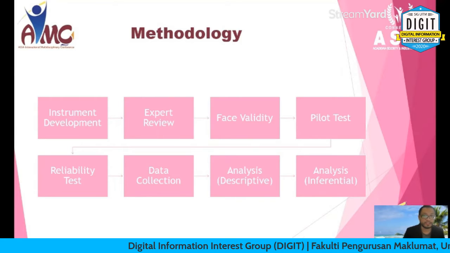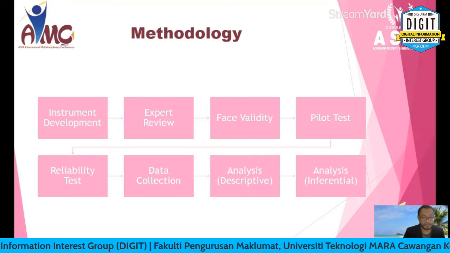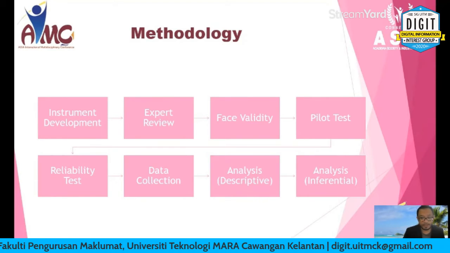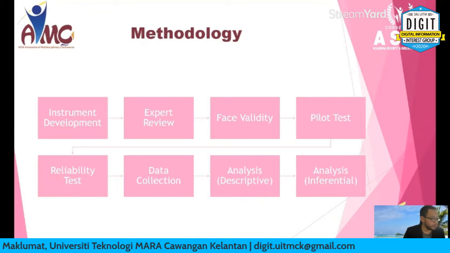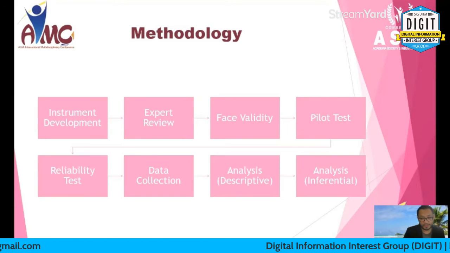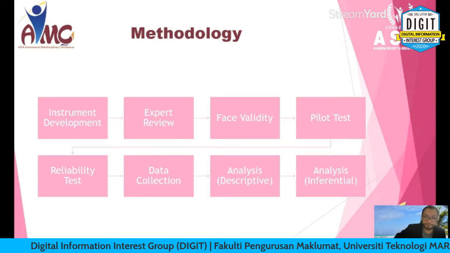As for the result of the pilot test, we conducted the reliability test. All the Cronbach's alpha values show a value from 0.7 to 0.9, indicating the reliability of the instrument, as suggested by Nunnally.